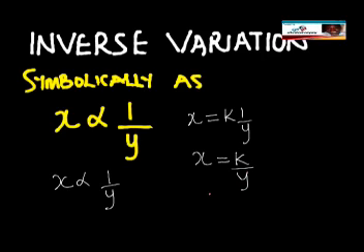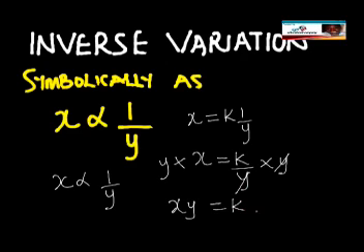Now if I'm going to find the value of k, I have to multiply both sides by y to eliminate the y here, and I have xy is equal to k.